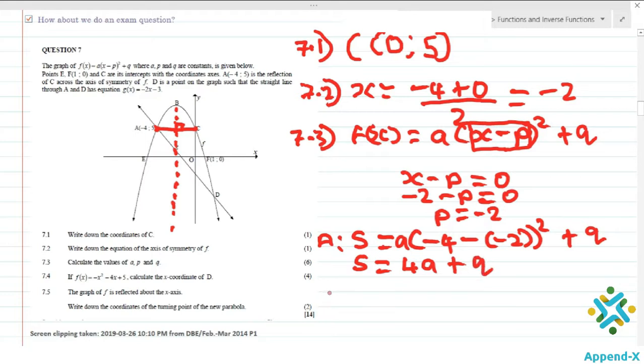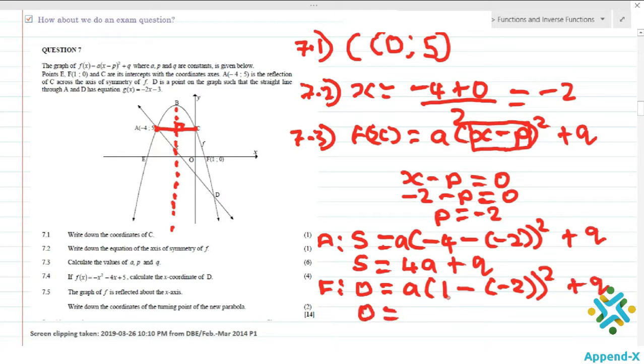Next we substitute the point F. Here y is 0, and x is 1. This will be 0 = a(1 - (-2))² + q. Now 1 - (-2) will be 3, squared that will be 9, so 0 = 9a + q.